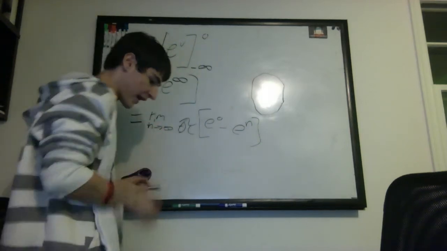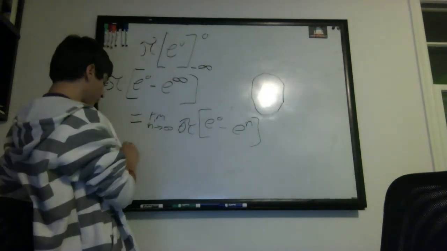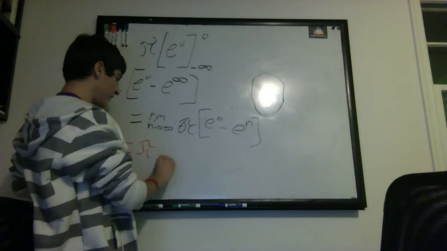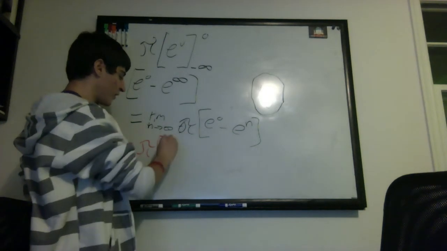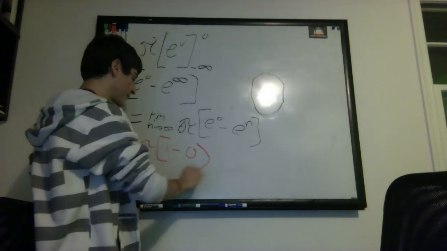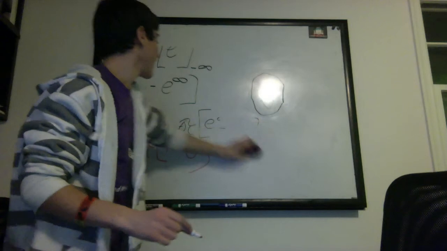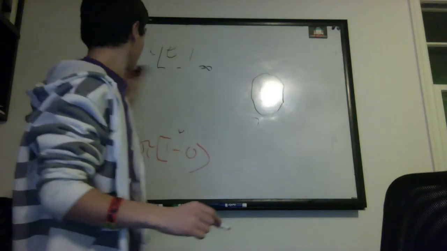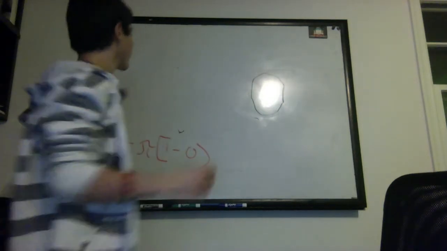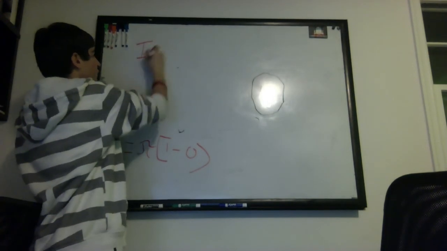So now what do we have? Well, that's equal to pi, e to the 0 is 1, and the limit of the other term is just going to be 0. So now our answer to that whole thing, remember we called that I squared.